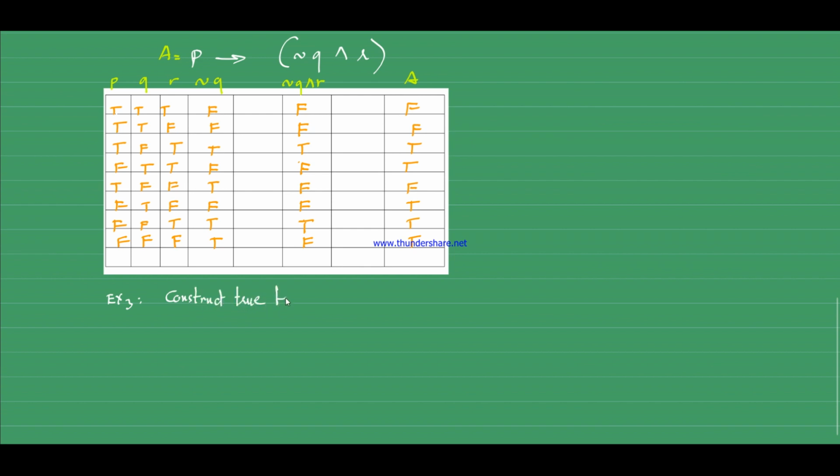Let's see. P and Q imply P or R. There you go.